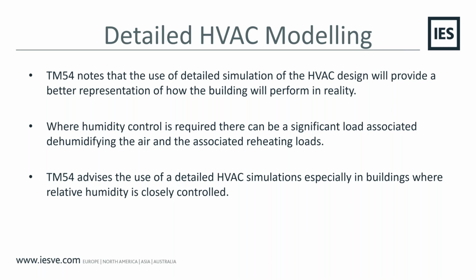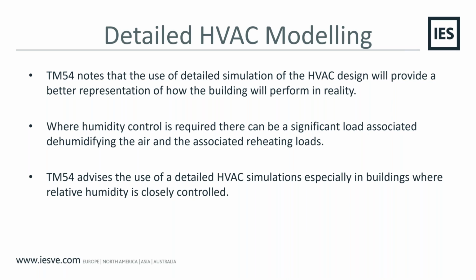The following section in TM54, section 7.1.2, describes the energy use associated with humidity control within the building. It again identifies that where a building needs relative humidity control, perhaps in a swimming pool or a gallery or museum or something of that nature, where humidity needs to be closely controlled, then it recommends the use of a detailed DSM model.